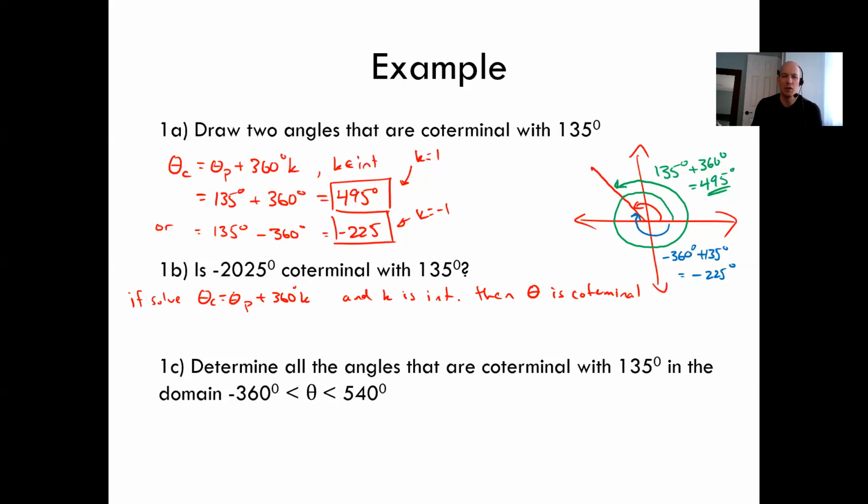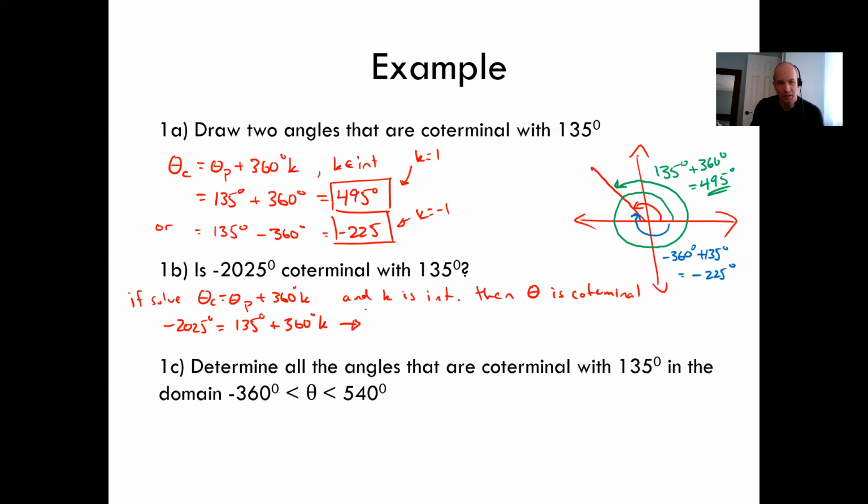There's a simple way of doing this, and if you have a calculator handy, if you're really good at adding 360s, you can just go 135, then add 360, and then add 720 and 1080. You can actually solve this using the formula. So we would say negative 2025 is the coterminal angle, 135 is the principal angle, and then we'd have 360, and you'd be solving for k.